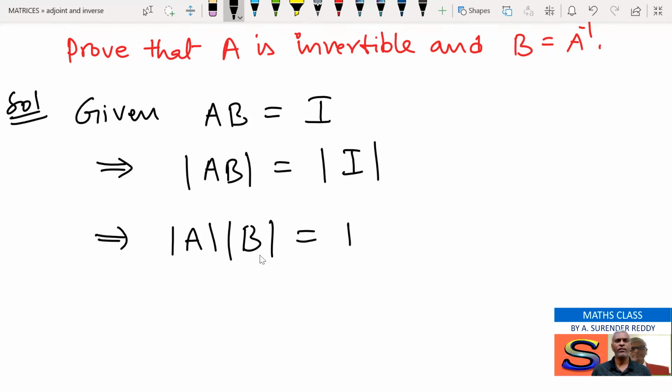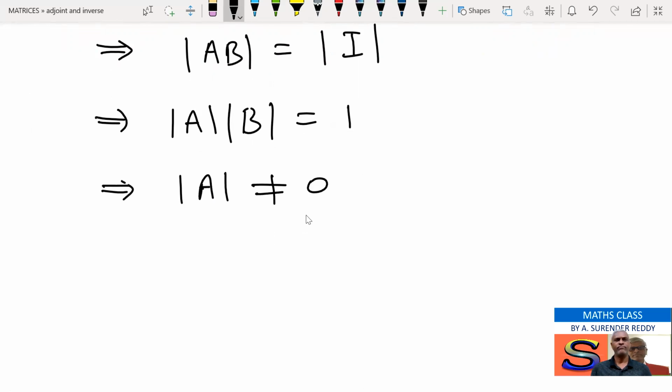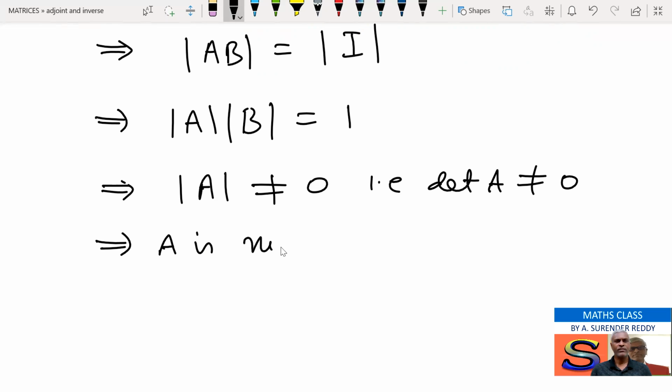Now the product of determinant of A and determinant of B is equal to 1. This implies the determinant of A is not equal to 0. So that is det A not equal to 0. That means it is a non-singular matrix. Here A is a non-singular matrix.